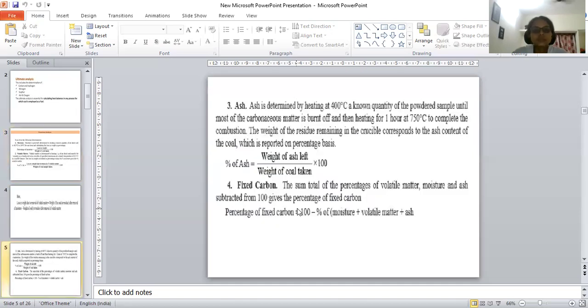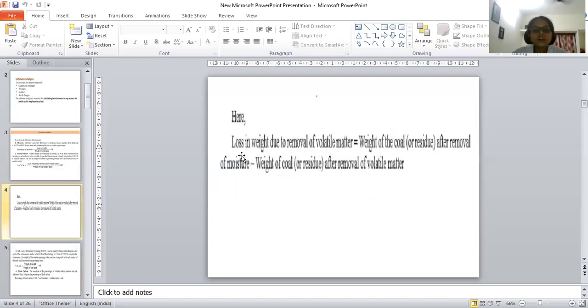Here the loss in weight due to removal of volatile matter is equal to the weight of the coal after removal of moisture minus the weight of the residue remaining in the crucible after removal of volatile matter.